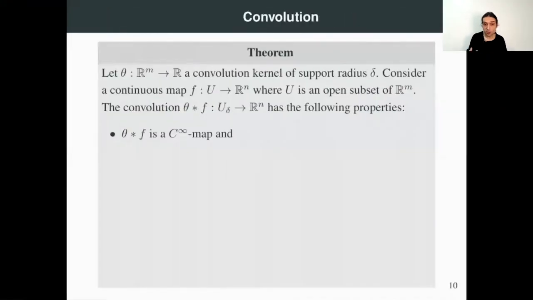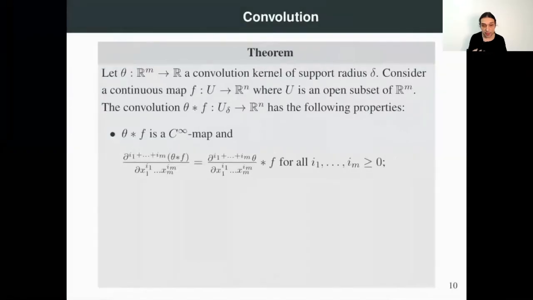And as a consequence of the previous discussion, we have this theorem. Let theta be a convolution kernel of support radius delta. Consider a continuous map f from U to Rn, where U is an open subset of Rn. The convolution, which is defined in U delta, has the following properties. The first one is that the convolution is a C-infinity map.